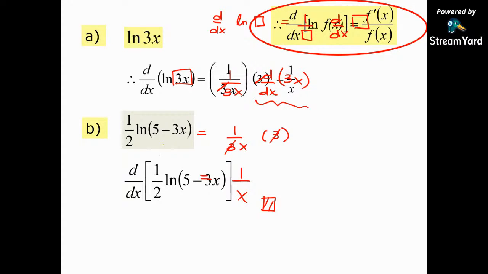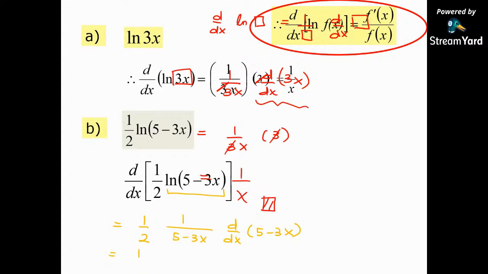Now differentiating half ln of 5 minus 3x. Since half is simply a constant, we copy down the half. Then let us differentiate ln of 5 minus 3x. It becomes 1 over 5 minus 3x, and then we differentiate 5 minus 3x, which is equal to negative 3.